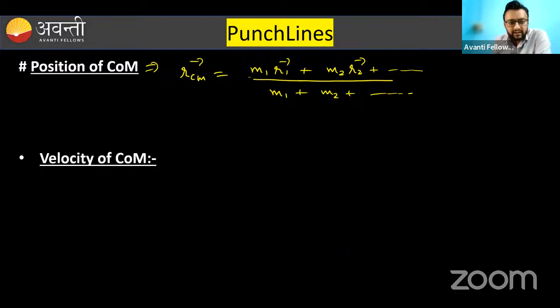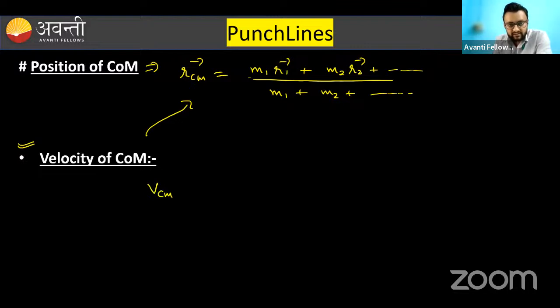Now, what if I want to write the velocity of the center of mass? You all know that if we differentiate position with respect to time, then we will get velocity. So I am going to differentiate this term and I will get velocity. Again, differentiation of position with respect to time is what? Velocity. So after differentiation, what will I get?